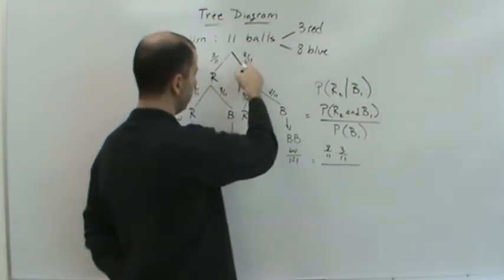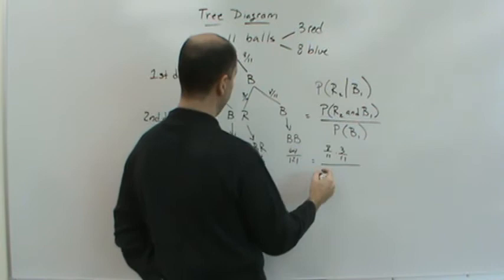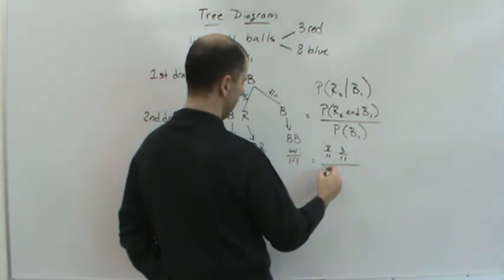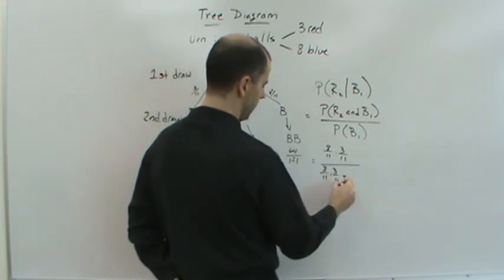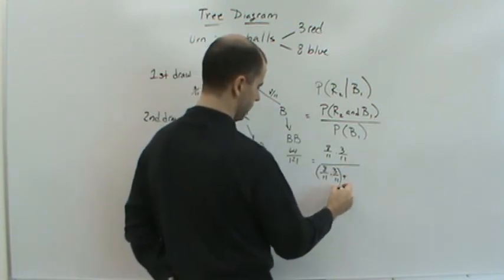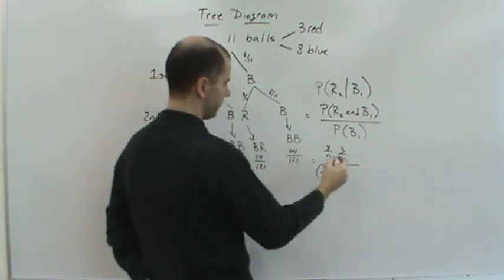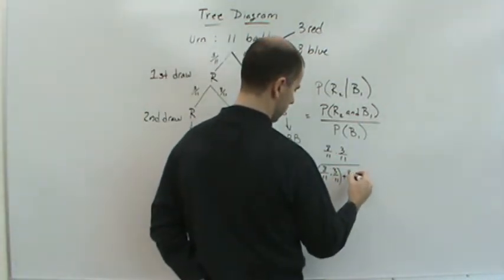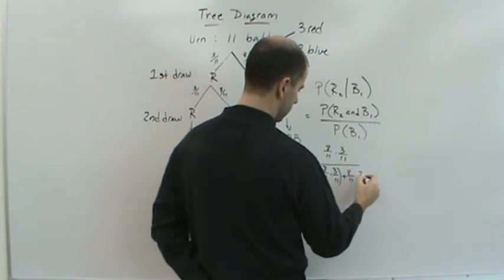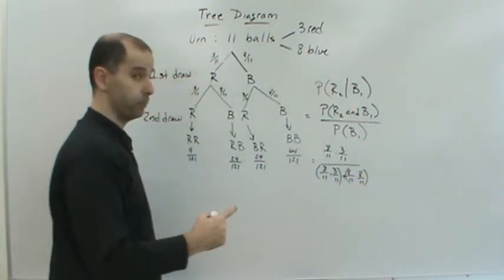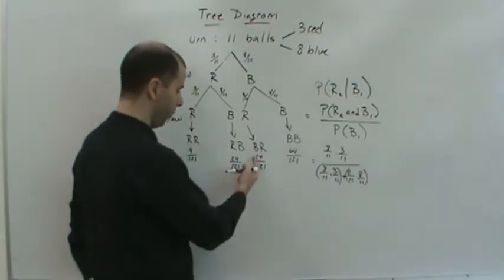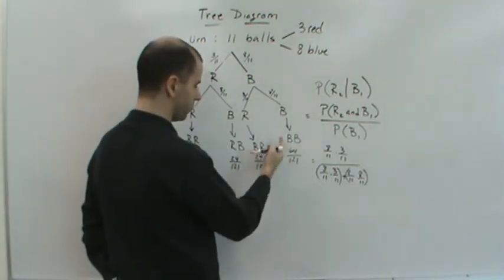So it's going to be 8/11 times 3/11 plus 8/11 times 8/11. Because I have to consider both possible outcomes. Both of these outcomes give me blue on the first draw.